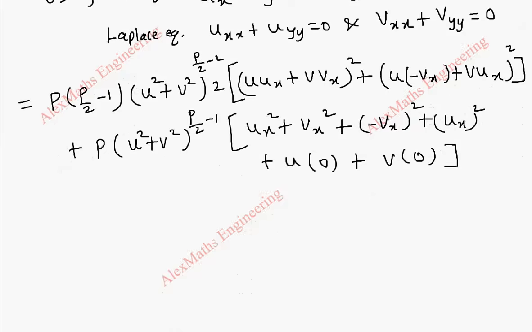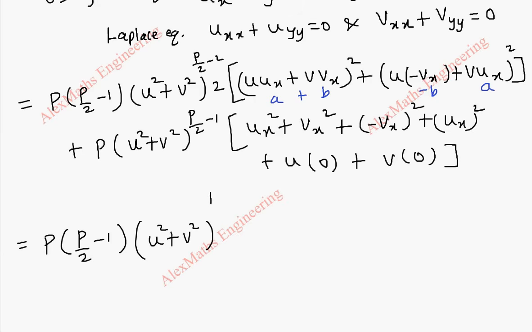Now we are going to expand this using the a minus b whole square formula, and this is the a plus b whole square formula. Now let's continue here. So this is p into p by 2 minus 1 into u square plus v square whole power p by 2 minus 2 into 2.